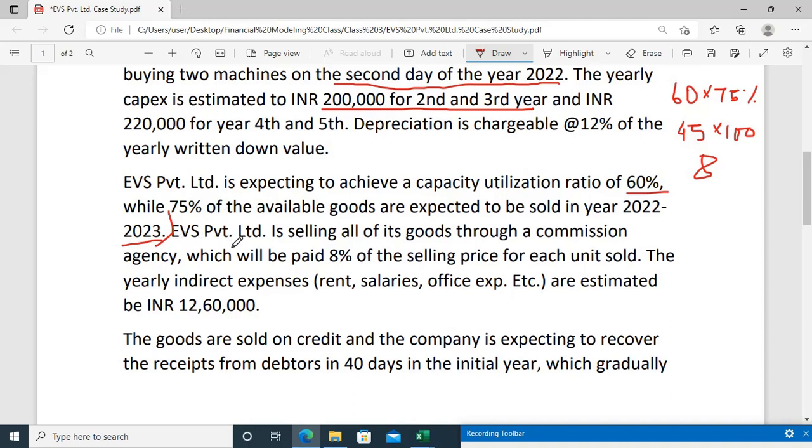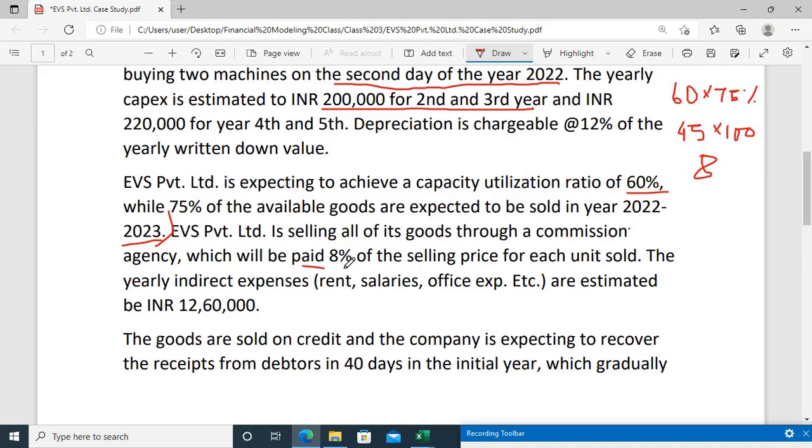EVS Private Limited is selling all the goods through a commission agency, which will be paid 8% of the selling price for each unit sold. The yearly indirect expenses, okay, this is a different thing. So first let us deal with this commission part.